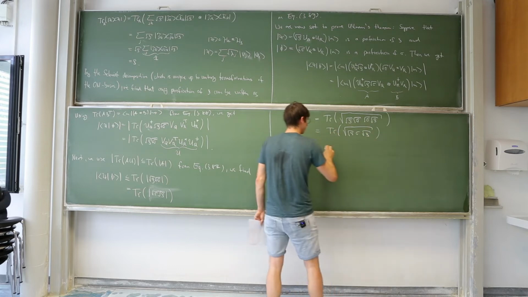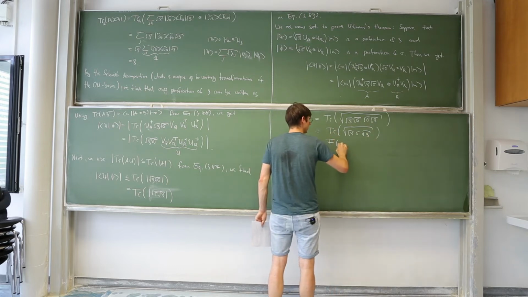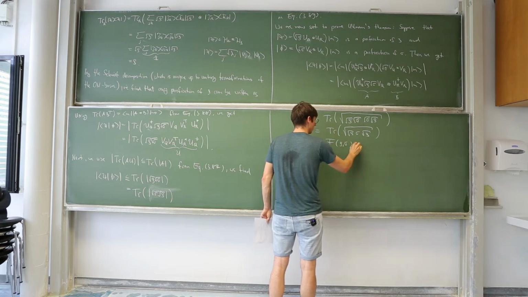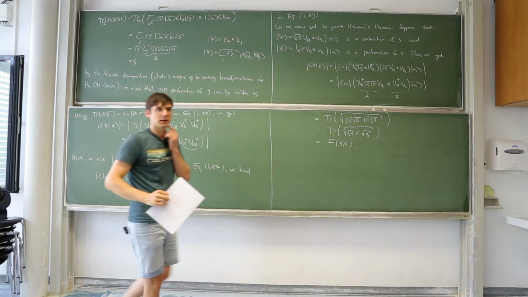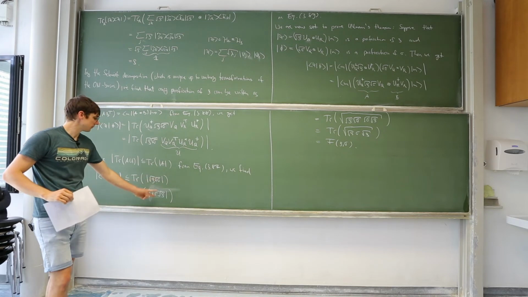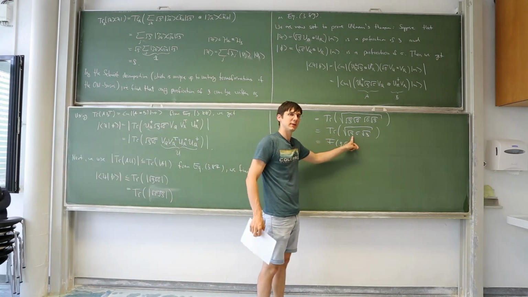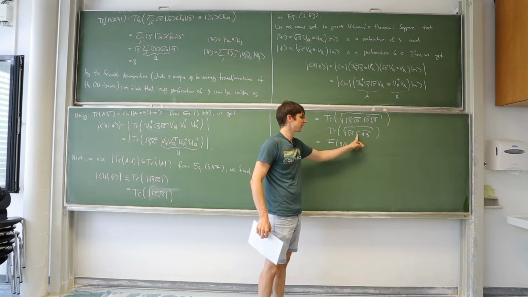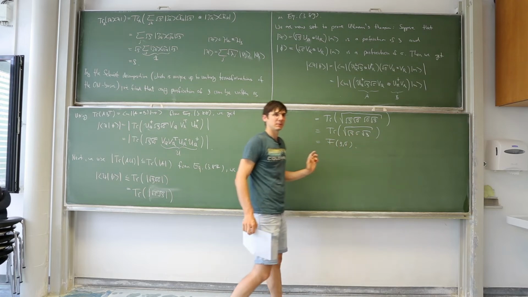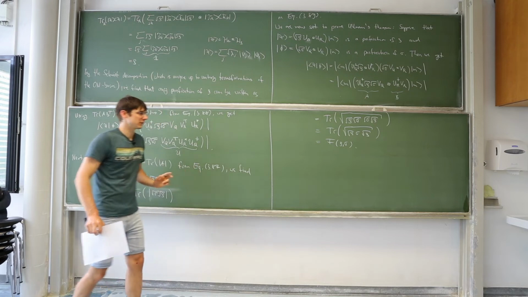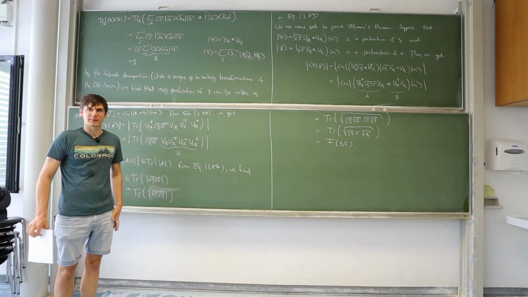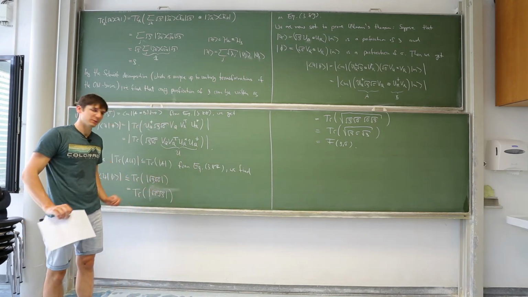And remember, this was our definition of the fidelity. I just flipped these two terms because I wanted rho to appear as the square root and sigma like this, because I think we defined it in this way. But we can also flip it because the fidelity is symmetric, and that's the reason why we can flip it here as well.